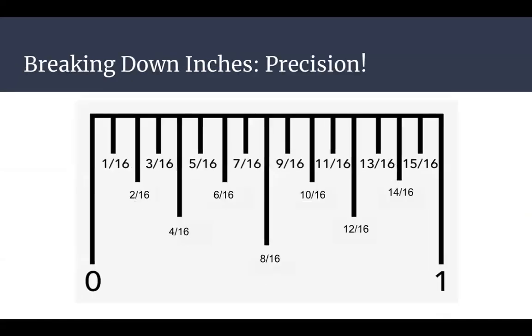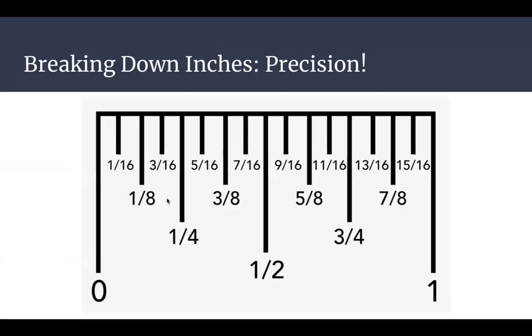I want to break that down for you quick. When we have a measurement tool that only shows 8ths, it would have all these longer lines on it, and it would not have this row of short lines. The measurement that you're going to have to count is going to be 7/8 of an inch.